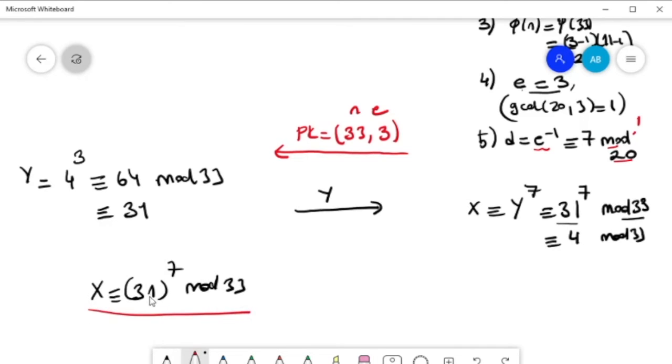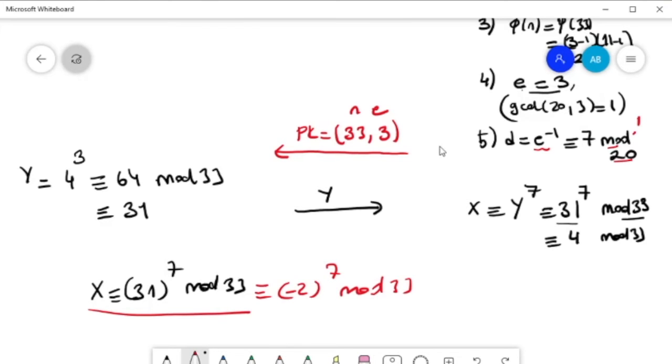For example, here minus 31 is equal to minus 2 in modulo 33. Now this is easier to compute. You don't need a calculator to do this. So in these exponentiations, you can always use some tricks, also in exams.